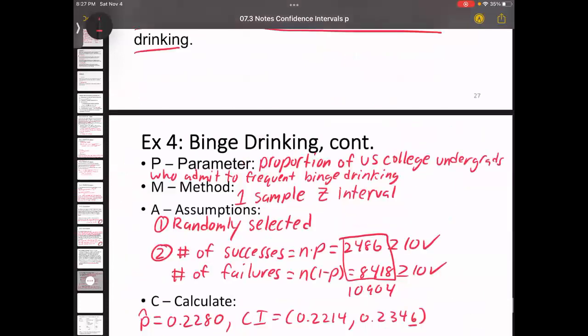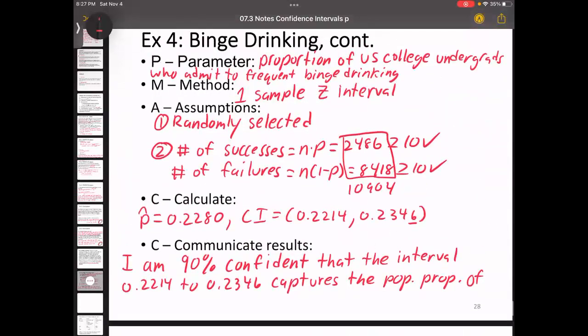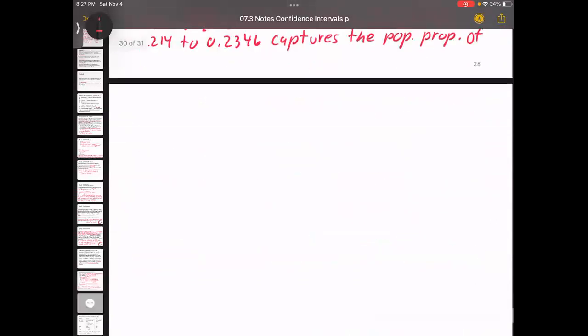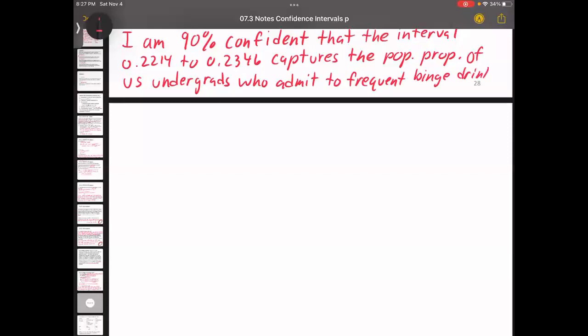We're going to go to our parameter. Population proportion of U.S. college undergrads who admit to frequent binge drinking. Population of U.S. undergrads who admit to frequent binge drinking. Whoops, there we go. Just enough.